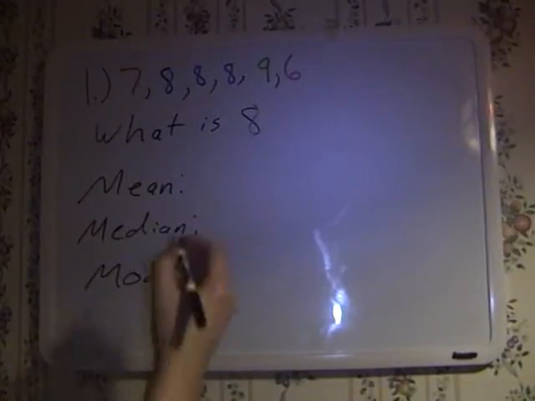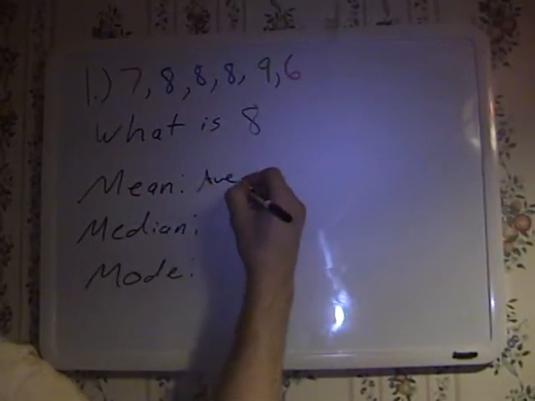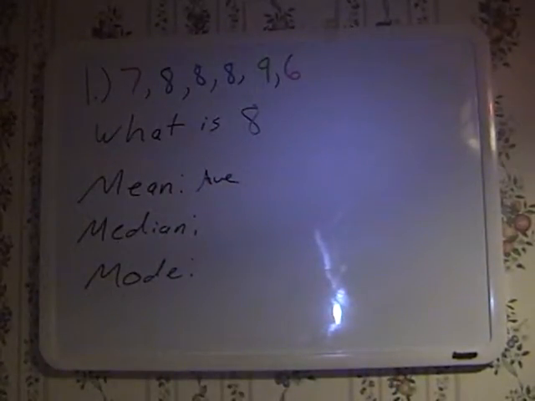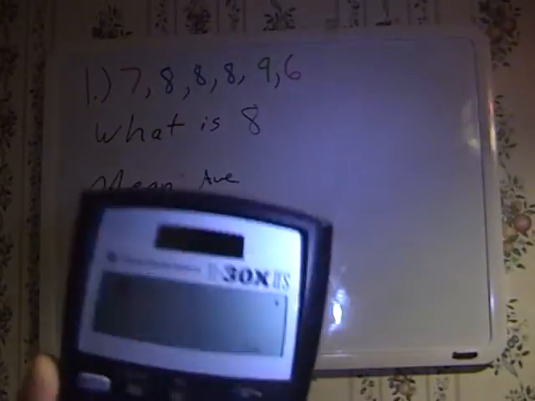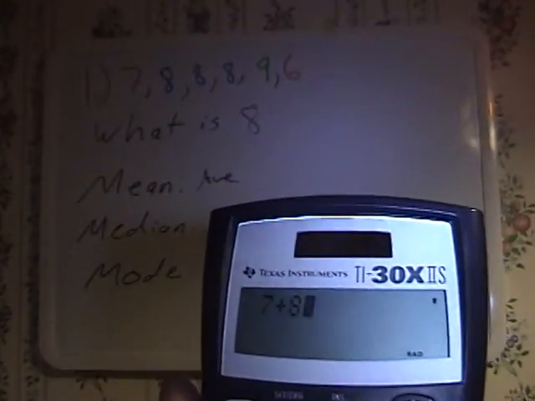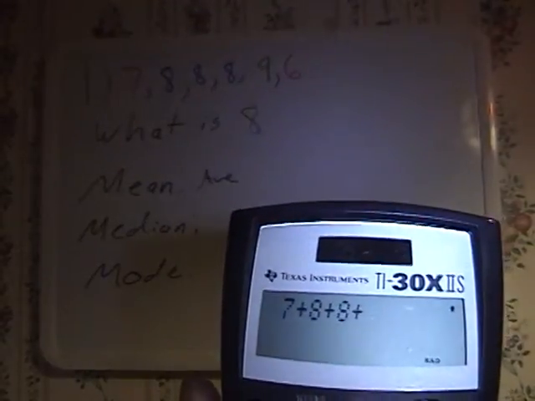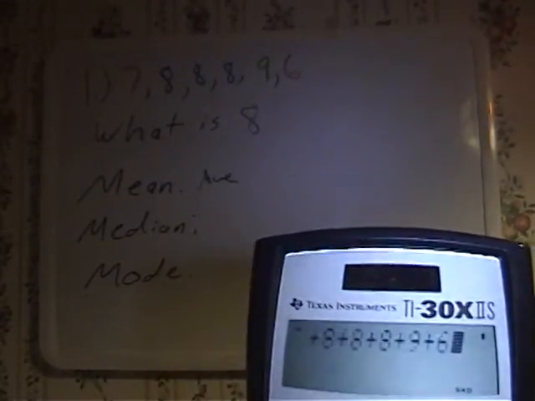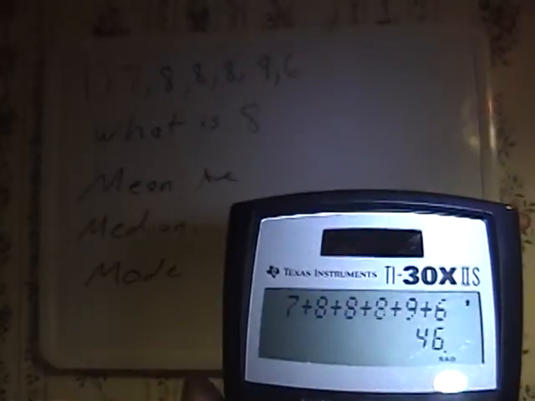The mean is simply the average. That's if we took all our numbers and added them up, and then divided by the number of numbers that we have. So I'm going to take my little calculator here, get up close so maybe you can see what's going on. Do 7 plus 8 plus 8 plus 8 plus 9 plus 6. You see that gives us 46.